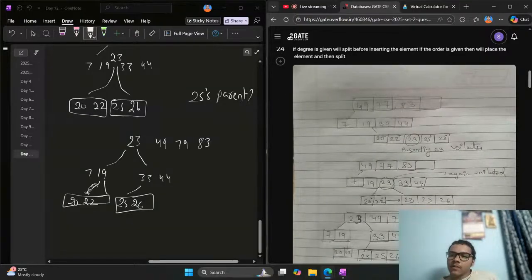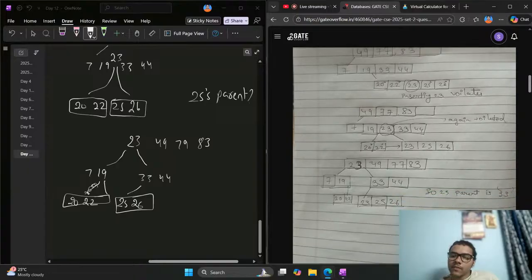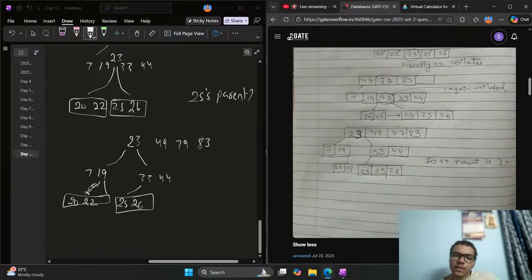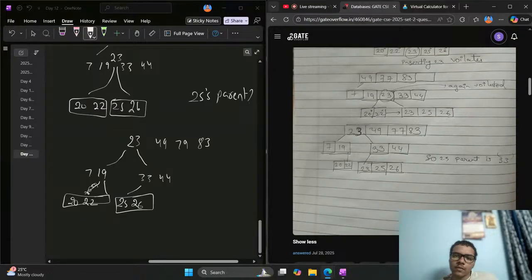Present inserting 23 violates. Okay. Again violated. Okay. Yeah, so 23 will not be moved.